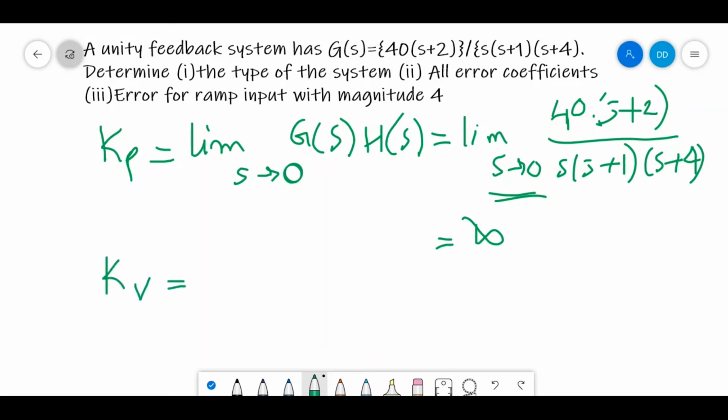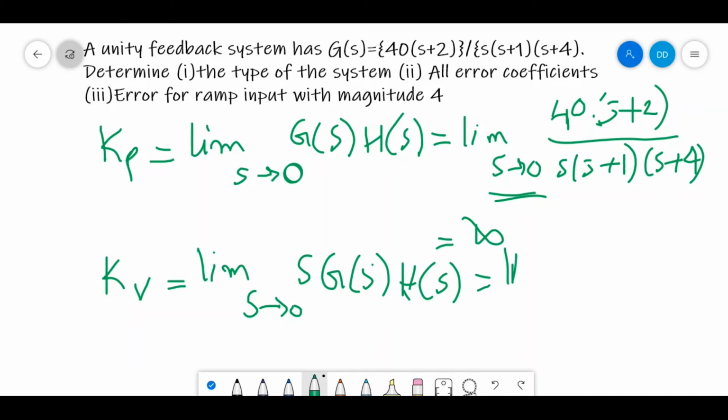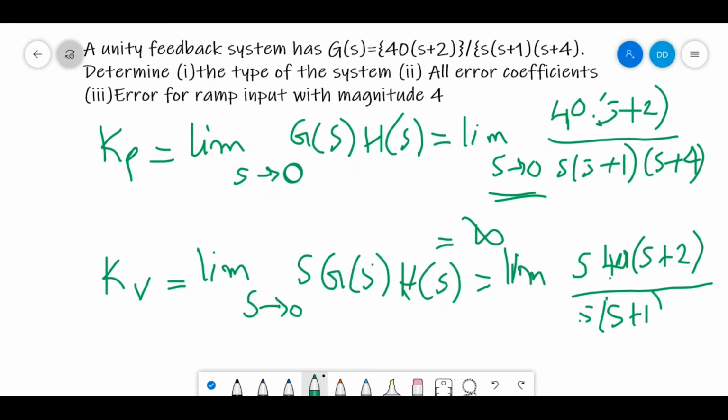Next is the velocity error coefficient Kv. It is the limit S tends to 0 of S into G of S into H of S. So we multiply S in the numerator: 40 into S plus 2 divided by S into S plus 1 into S plus 4.